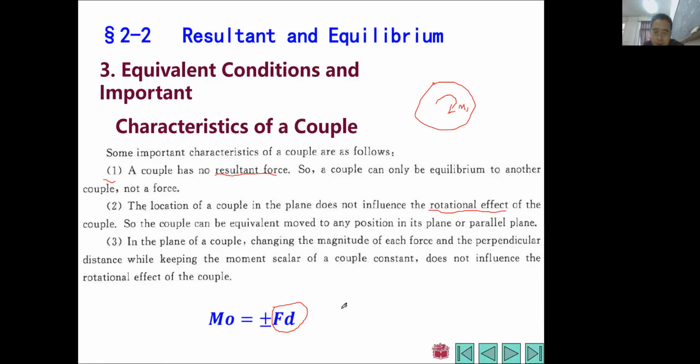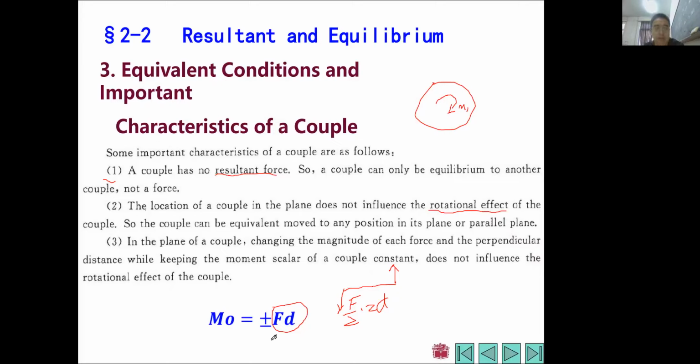Because we can enlarge D into 2D and shrink F into a half F, then a half F times 2D will have the same result FD. Actually, F and its distance are not important.